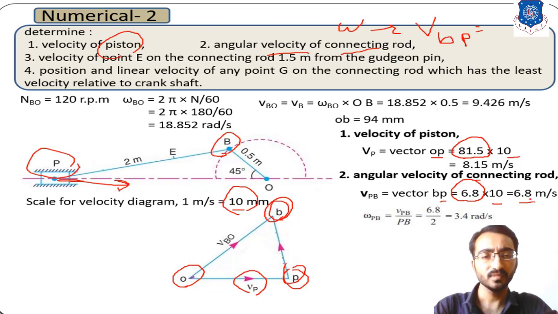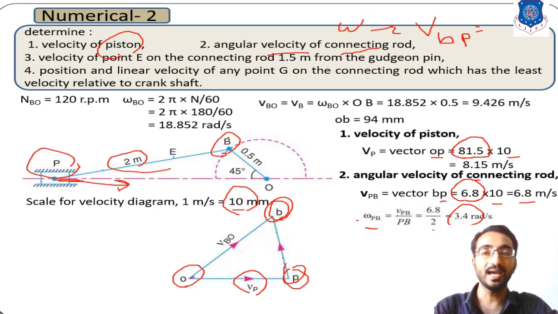Okay, now similar way, angular velocity omega is equal to Vpb by Pb, and that is equal to 68.2 divided by your length, that is 2 meter, then it will give you the angular velocity of 3.4 radian per second. Okay, over here simply you have used the relation V is equal to R into omega.